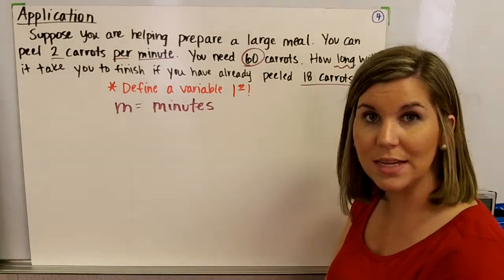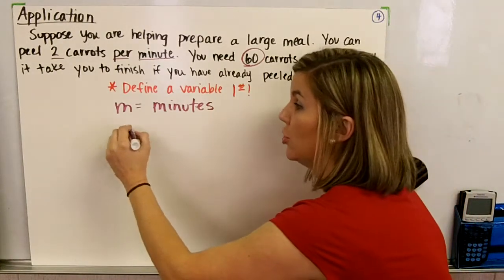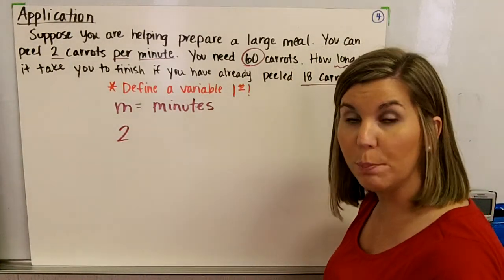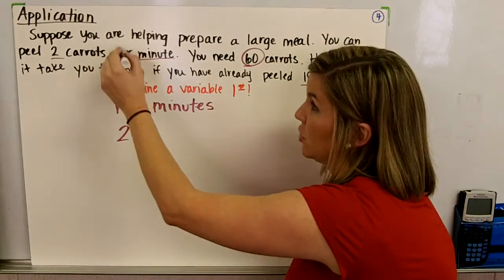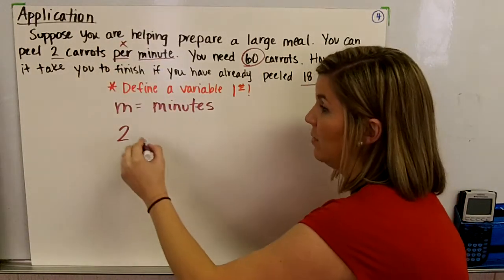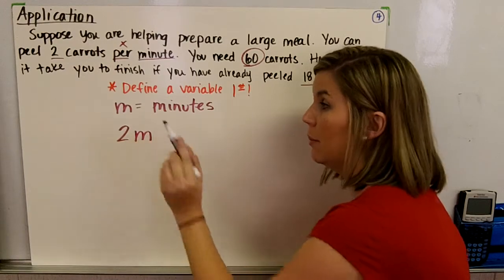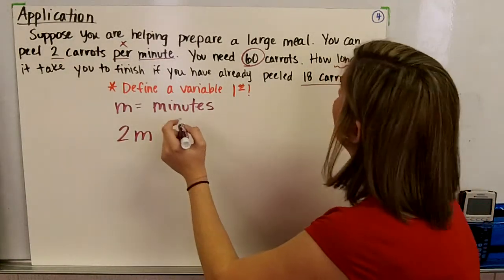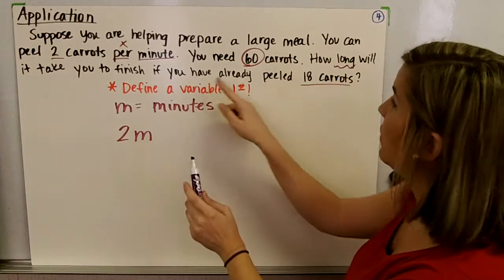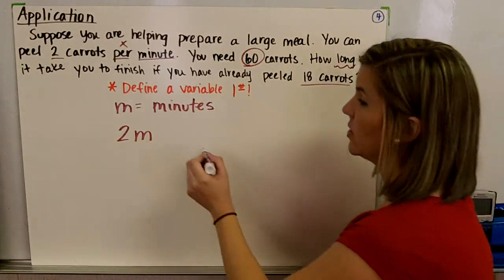So to write this as an expression, we'd say 2 each minute or per minute. So that's multiplication. Per is a multiplication word. So times 2 minutes. So 2 per minute. And let's see, we've already peeled 18 carrots.